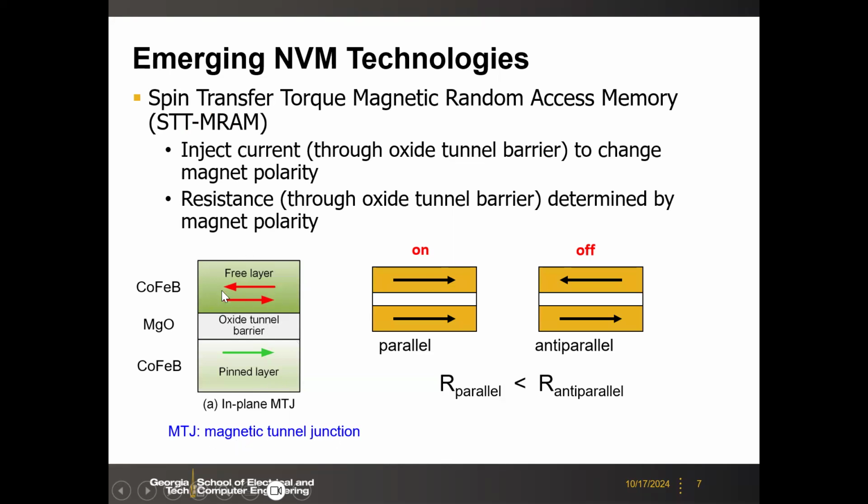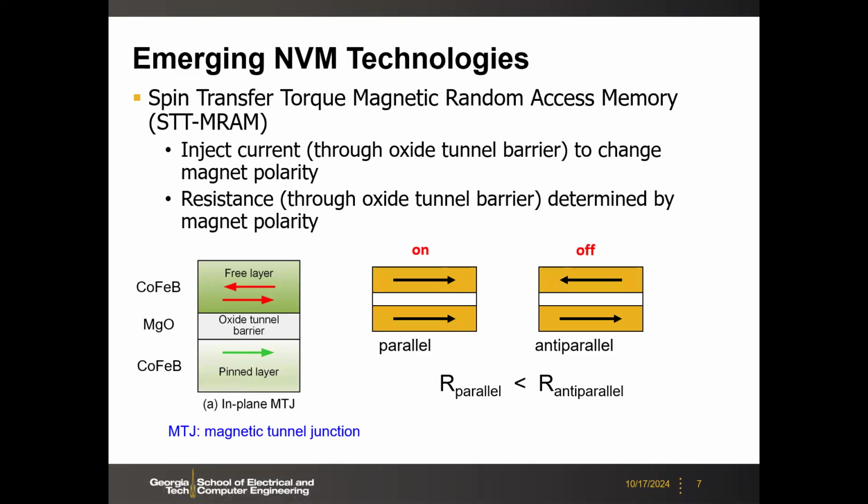Simply speaking, you have two little magnets, and those are the typical materials. Of course, the actual stack is more complicated, but to the first order, you have this sandwiched structure with a magnetization direction, like north pole, south pole.